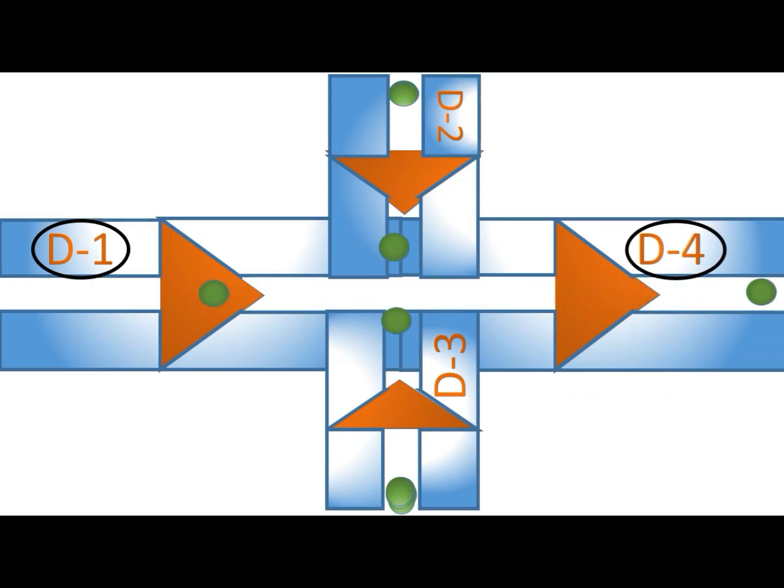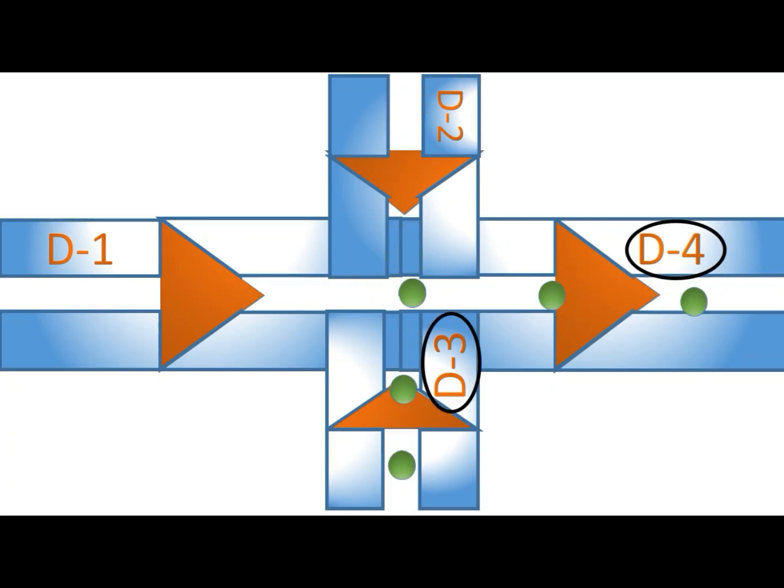Here in this animation, electrons flow from D1 to D4, but it's obstructed by D2 and D3 because D1 and D4 are forward biased, but D2 and D3 are reverse biased. Now electrons flow from D2 to D4, but are obstructed by D1 and D3 because D2 and D4 are forward biased, D1 and D3 are reverse biased.